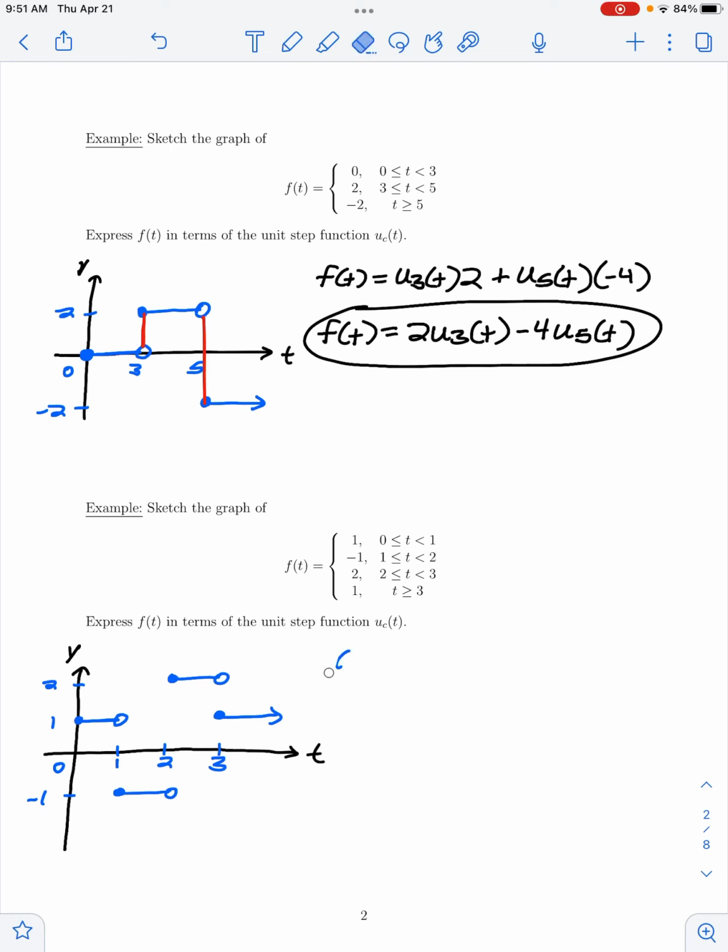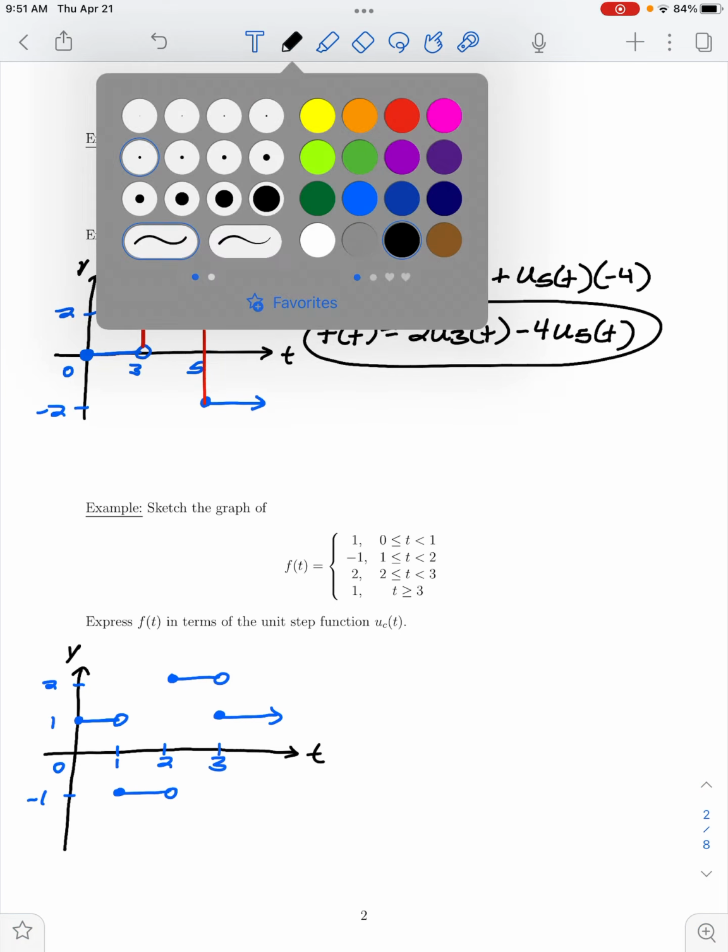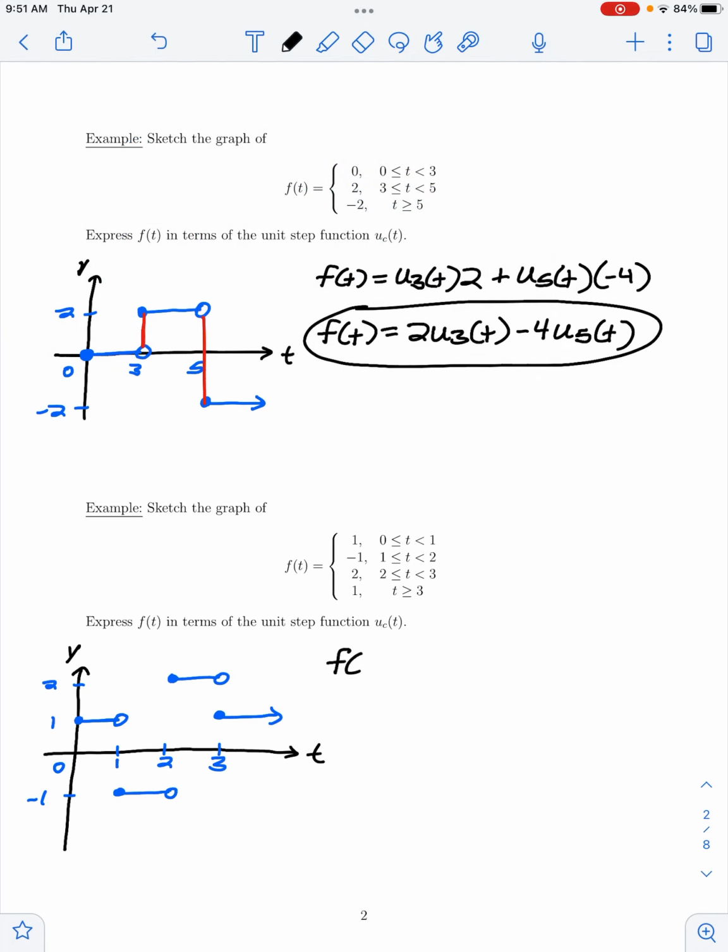So for this function, f of t, let's express this in terms of a unit step function. So for f of t, we're going to start with how our function was defined on its initial interval. So on the interval from 0 to 1, we started with f of t as 1.